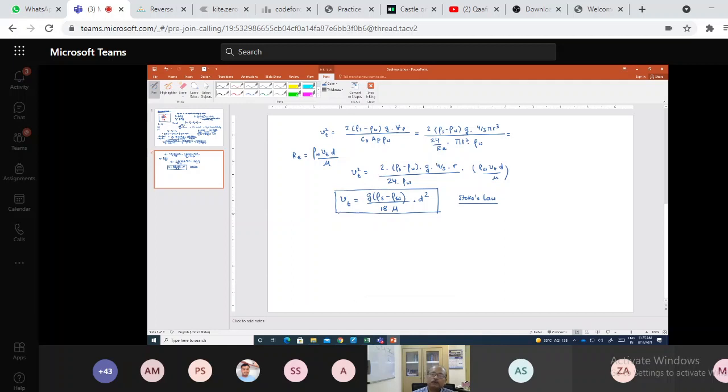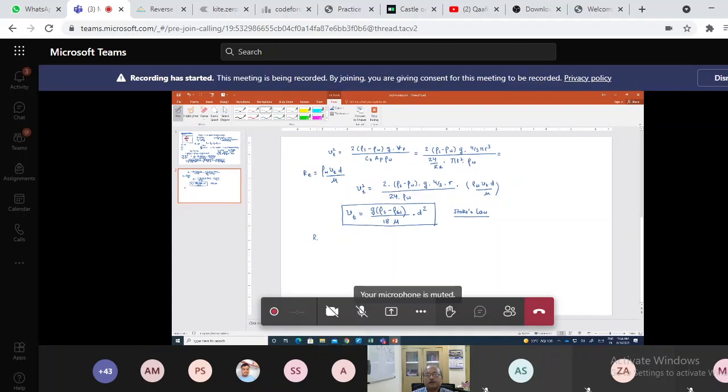So how do we find it out? When you have to find out the terminal velocity of a particle of size, let's say d, first of all you assume that this is following the Stokes law principle, or that it is in the laminar zone. When you put this value, you'll get some value of Vt, and then find out the Re corresponding to it.